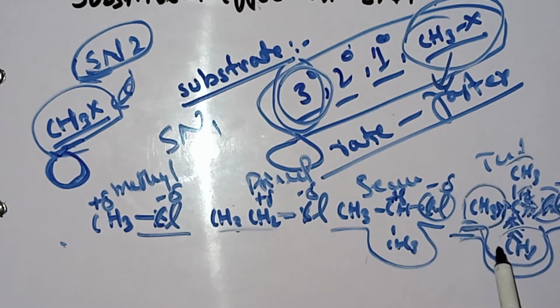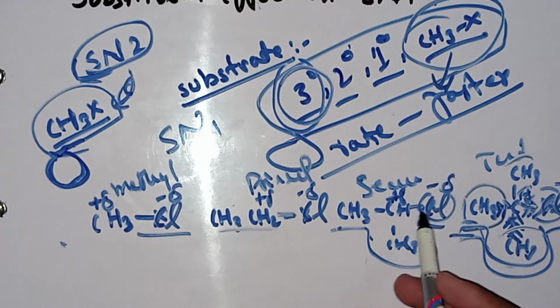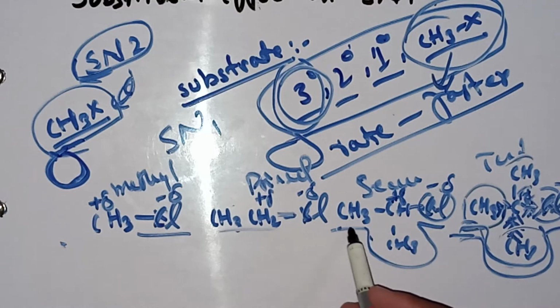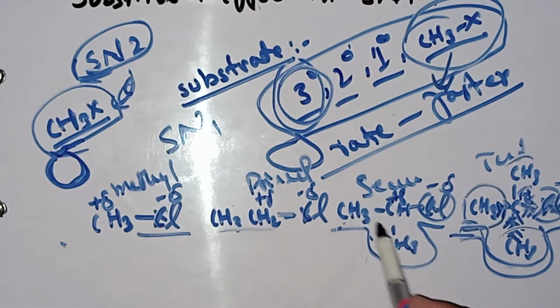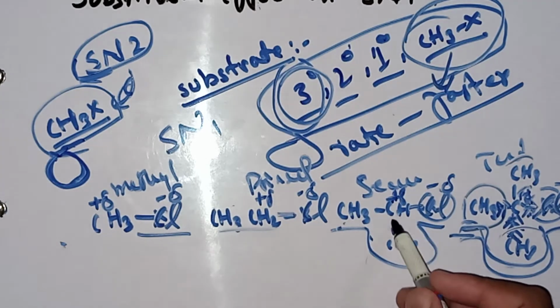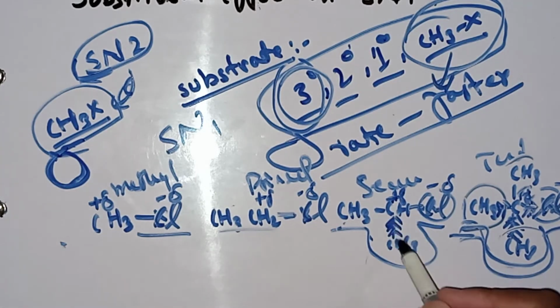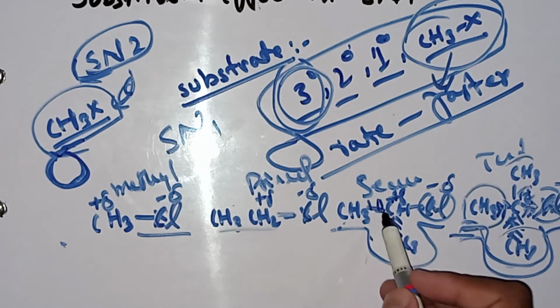Hence the reaction will go forward. But in the case of a secondary alkyl halide, when the chloride ion leaves the system, a carbocation is established, but this carbocation is not stable enough, because only two alkyl groups, electron donating groups, are attached to stabilize it.